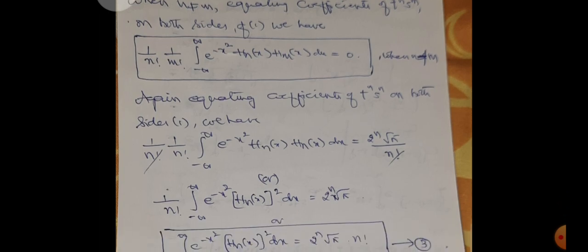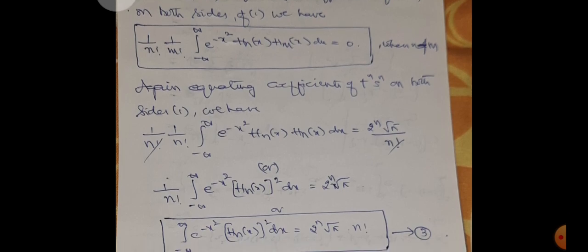Again, equating the coefficients of t power n and s power n on both sides, we get 1 by n factorial into 1 by n factorial into the integral from minus infinity to plus infinity of e power minus x square Hn of x into Hn of x dx, that is equal to 2 power n into root pi by n factorial.